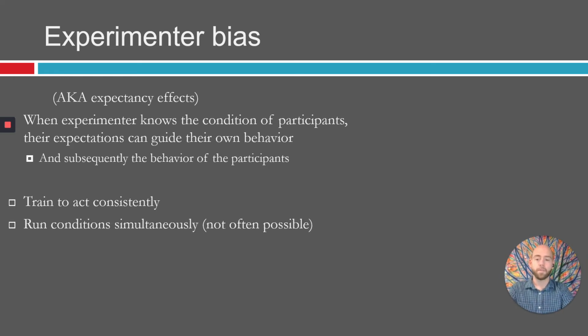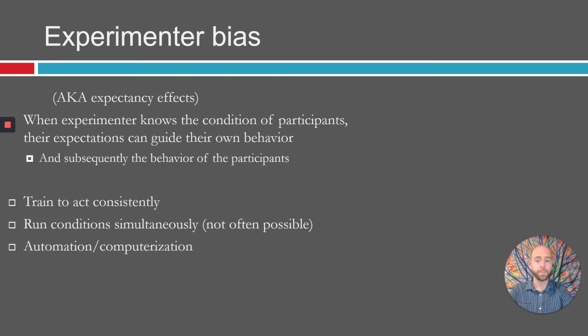Another thing might be if your conditions just require some different stimuli or instructions, maybe you run the conditions all at the same time with multiple participants, and then you're treating them as a group, and presumably you would have less of a likelihood of treating an individual participant differently. This often is not logistically possible because you need to be focused on a particular participant to give them the treatment that you need.